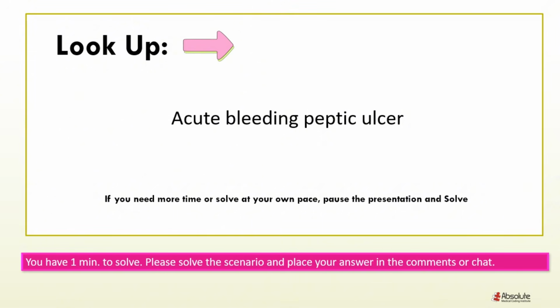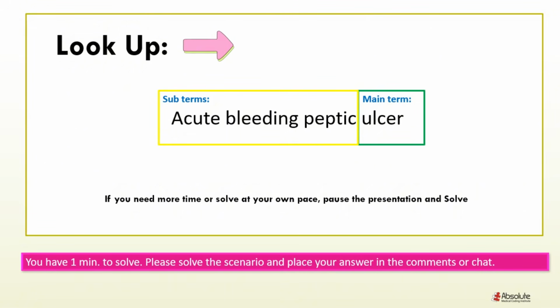I think I gave you a few more seconds. Time is up. All right, what is the main term? Acute bleeding peptic ulcer. If you said ulcer, outstanding. It's your diagnosis. And acute, bleeding, and peptic all describe the type of ulcer.